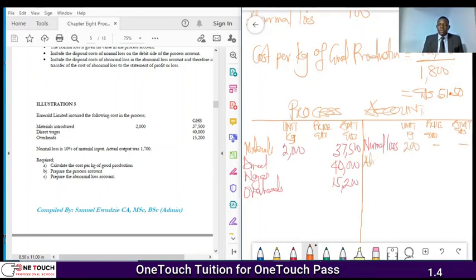So you have the abnormal loss of 100 at a price of 51.50. You have the finished goods stock, finished goods of 1,700 at a price of 51.50.